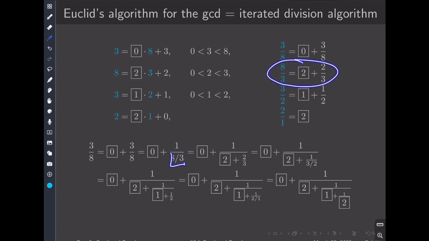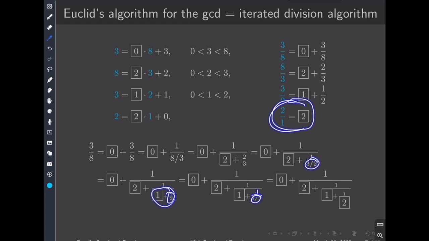So I substitute it, and then I have these 2/3, which the next one tells me you can substitute as 1 by 3/2, which you can replace. So replace it, and then this 1/2, the next one tells you instead of 1/2, write like 1 over 2 divided by 1.